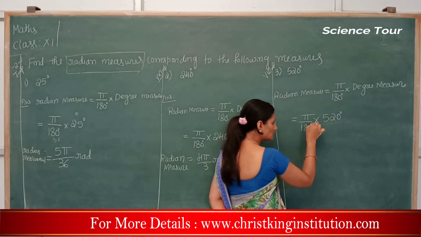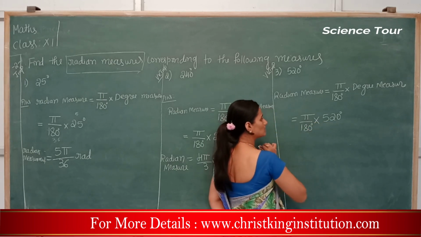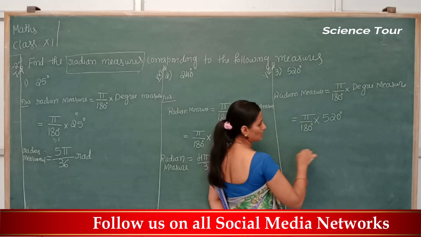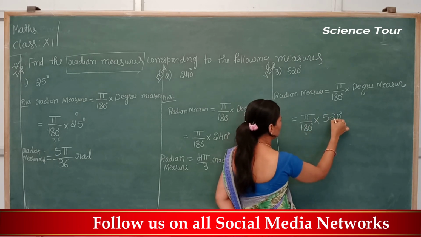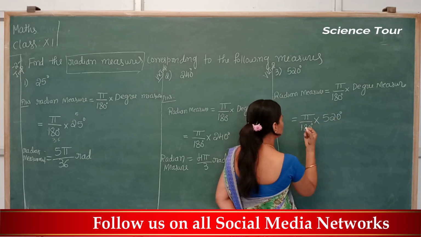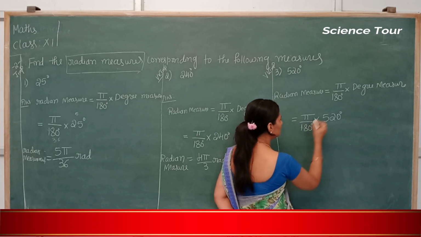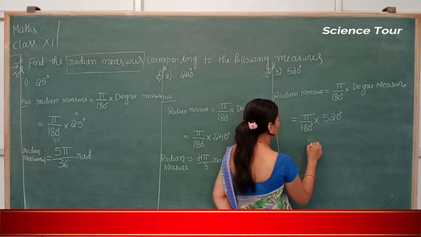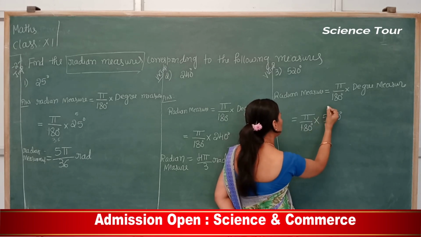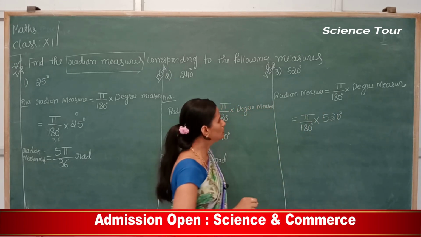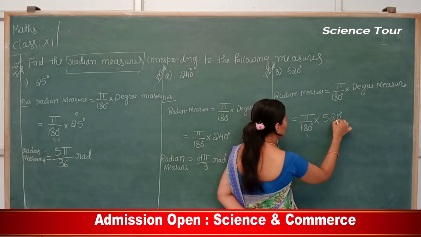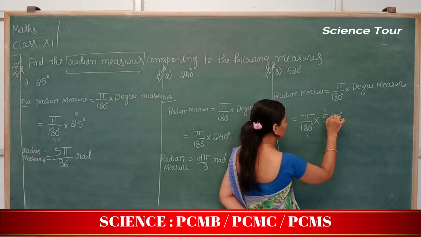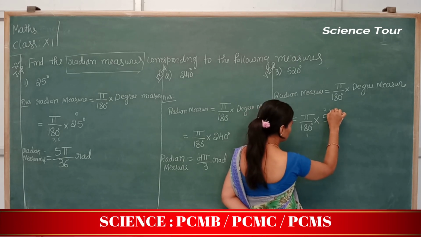So 0 and 0 cancel. 2 by 2 I will do this one. 2 9s are 18, 2 2s are 4, 1 remainder, 2 6s are 26.